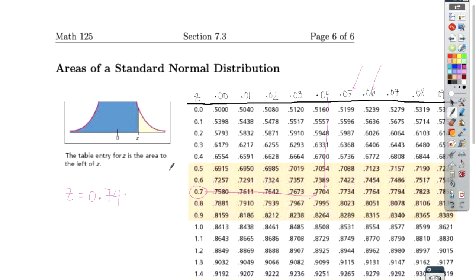This is the area to the left of that z-score, 0.74. So inside the table, these are the areas. Outside the table, these are your z-scores. So we're going to be using this table a whole bunch. Let me just clean up what I just did, and then we'll go back to that warm-up.